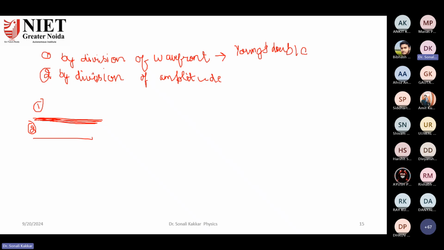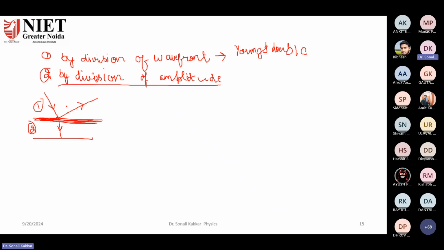When a ray of light strikes the interface, it will be partially reflected back and partially refracted into the medium. As the same ray is partially reflected and refracted, its amplitude is divided. That is why it is called division of amplitude.